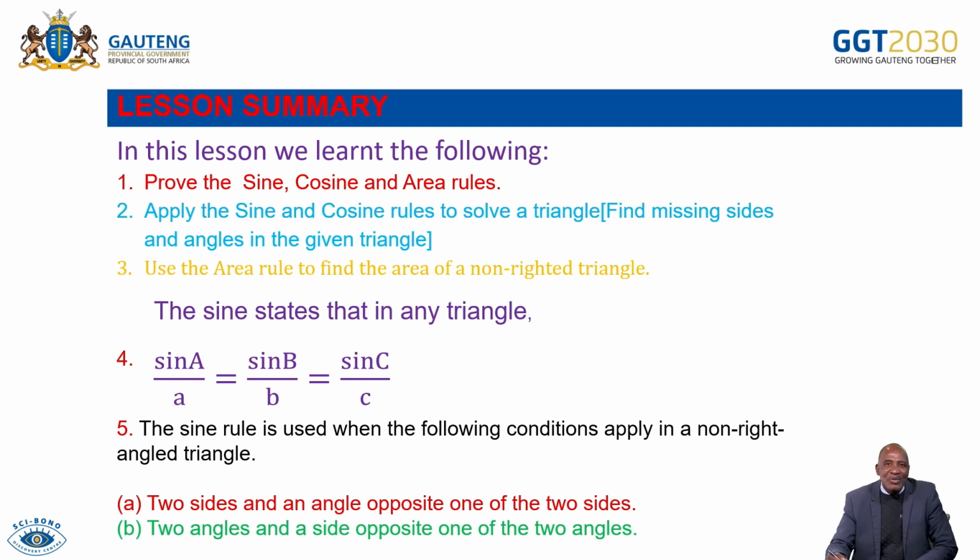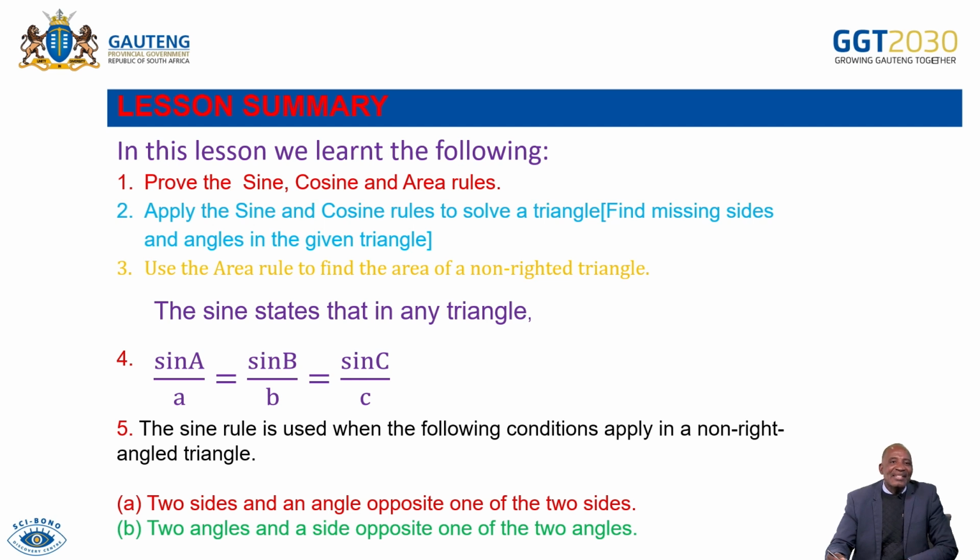how do we prove the area rule, how do we apply them to find missing sides or missing angles or the area itself. Then the sine rule states that in any triangle, sine of A divided by small a is the same as sine of B divided by small b, which is equal to sine C divided by small c.